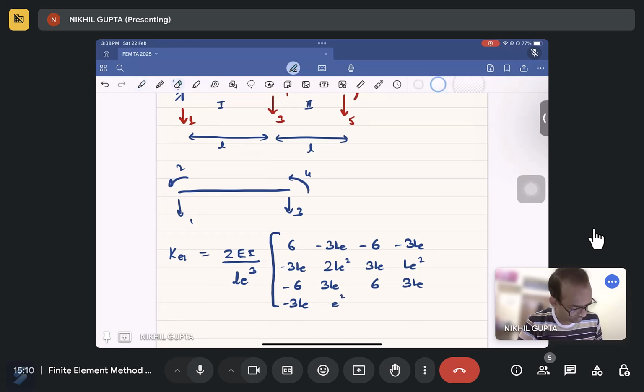Oh, it should be plus only. Le square, then 3Le, and here it is 2Le square.